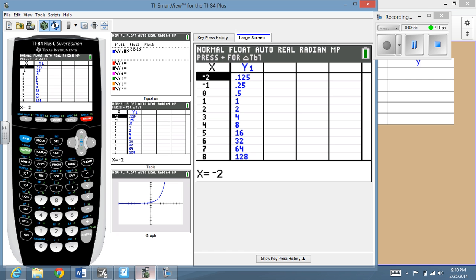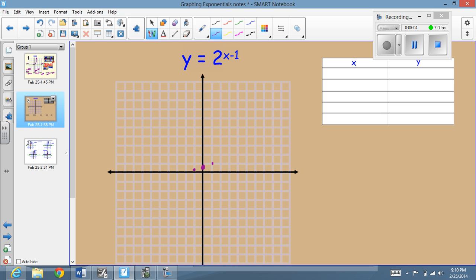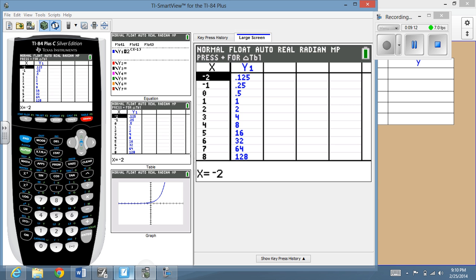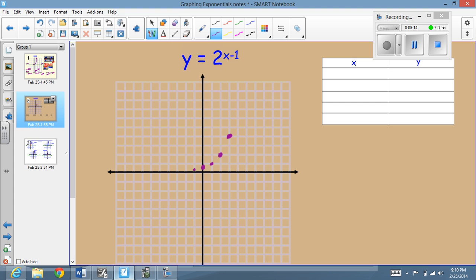Those are getting even smaller, so I'm not even going to go that direction. 1, 1, 2, 2, 3, 4. And I'll even go one step further, and I have 4, 8. So this thing looks like this.